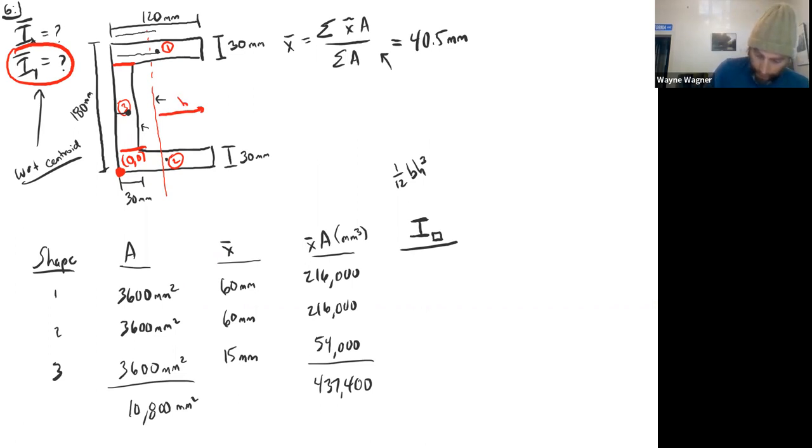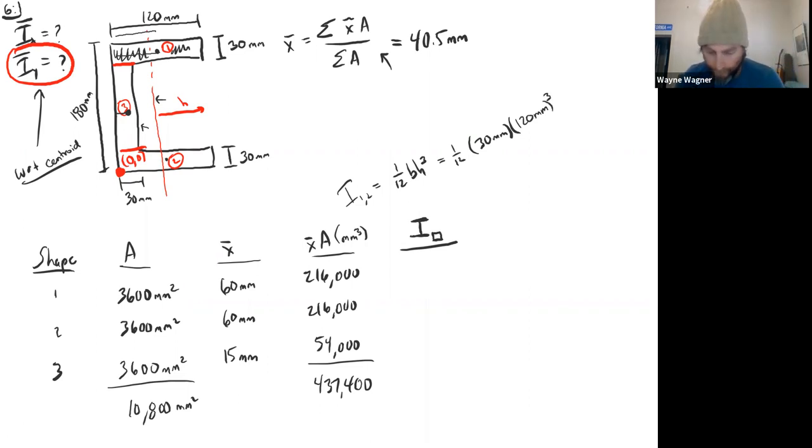Okay, so for 1 and 2, that's going to be, let's see here, I for 1 and 2 equals 1/12. The base in this case is 30 millimeters, and the height is 120 cubed.